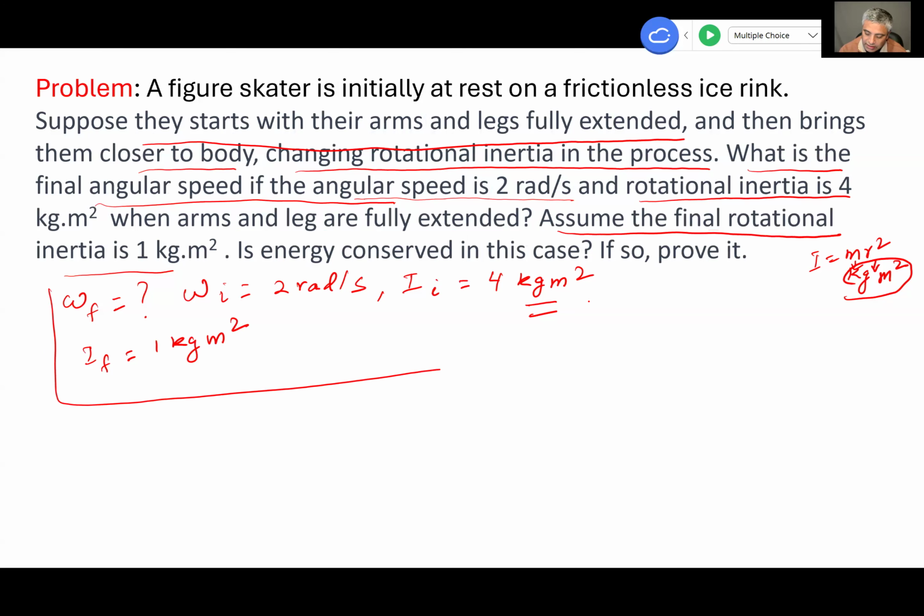So this is the angular momentum part. Go ahead and calculate the value of omega f. In this case, numbers are fairly simple, so you don't even need a calculator or anything like that. So go ahead, do that. Is energy conserved in this case?